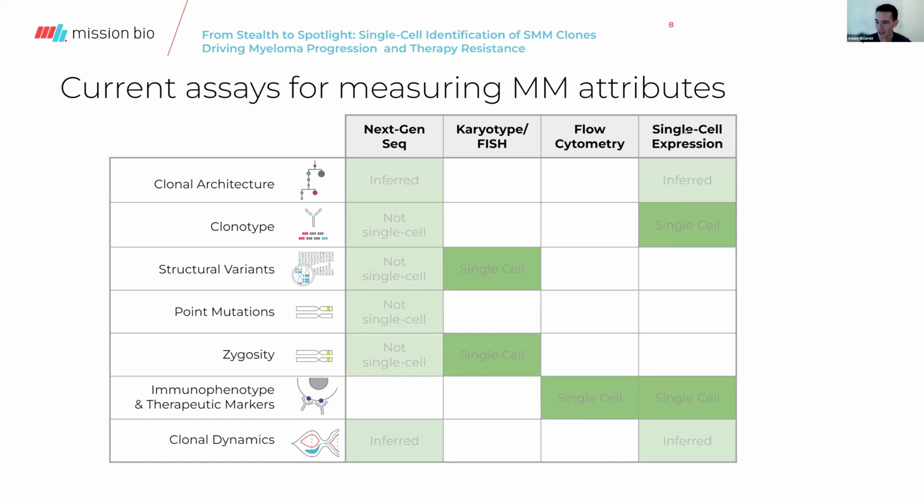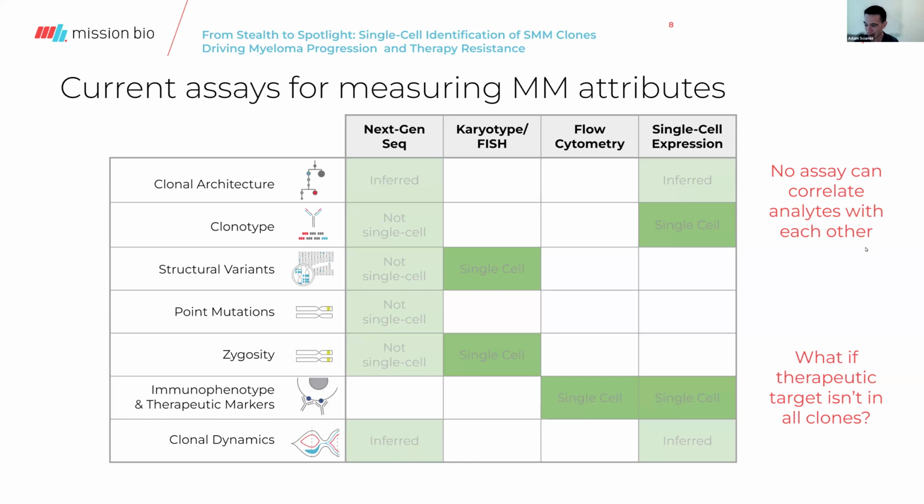And lastly, you have single cell expression, which is more of a research tool, but you can, again, infer clonal architecture, infer clonal dynamics. You can look at clonotype and phenotype, but there's no real platform that can look at all of these together.